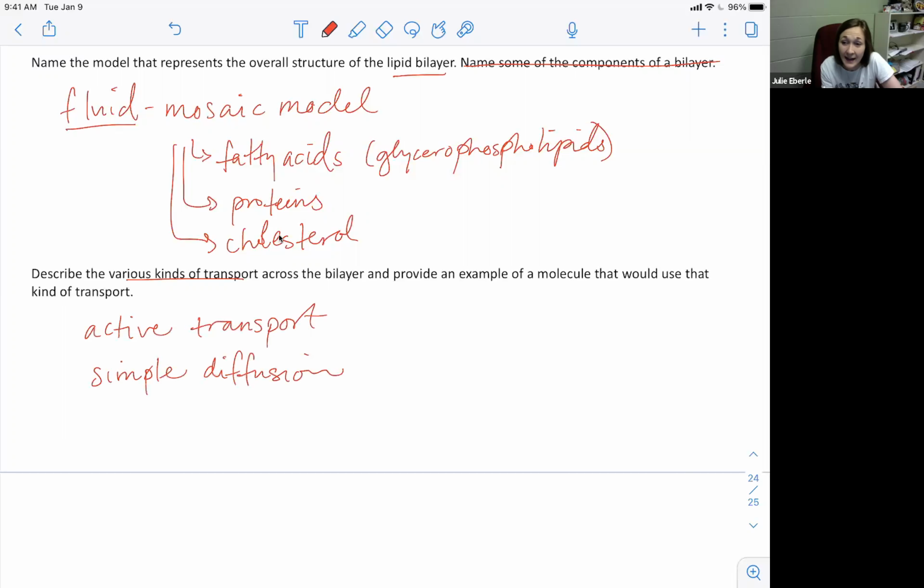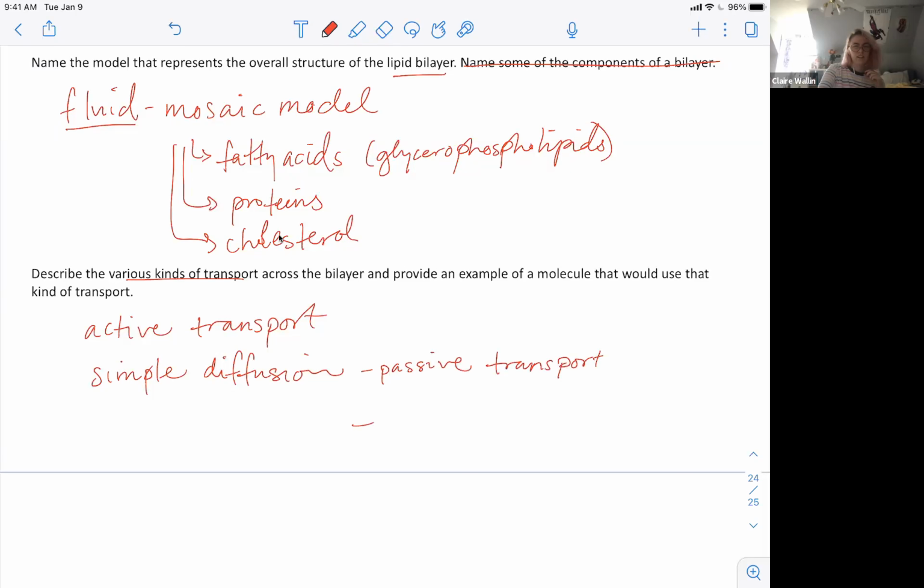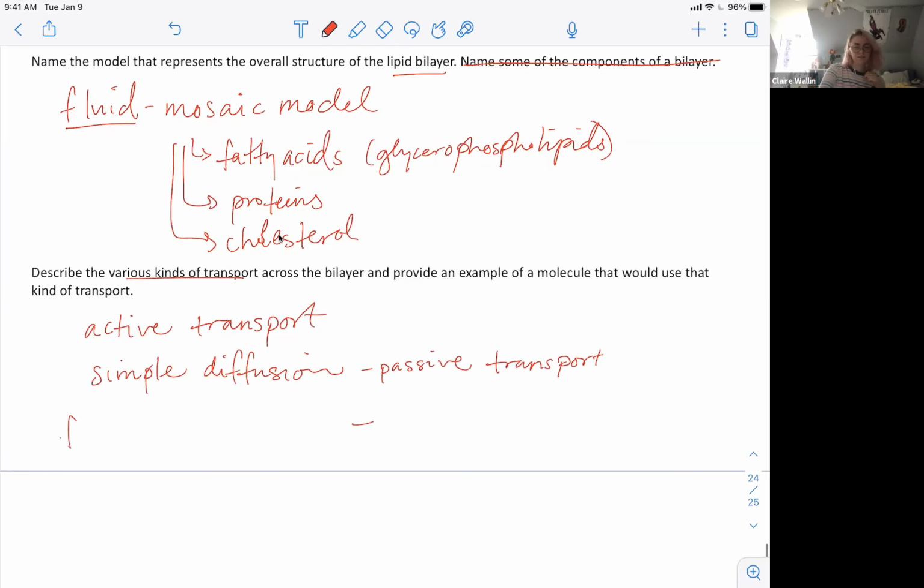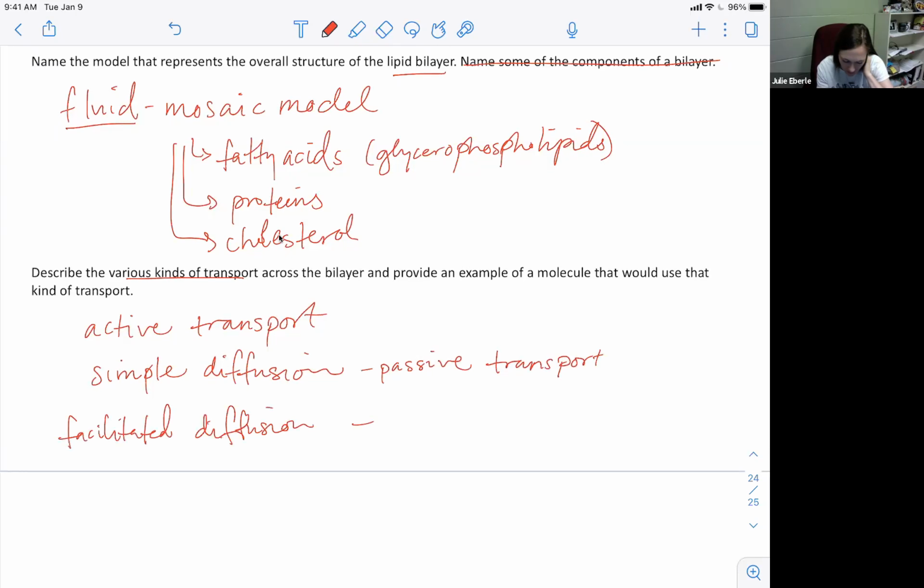Simple diffusion is a kind of passive transport. Oh, okay. What's the other kind of passive transport? Is it something that facilitated? Facilitated diffusion. Okay, so this is also passive transport.